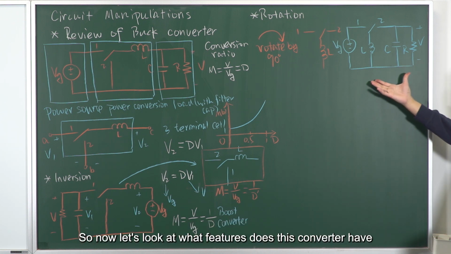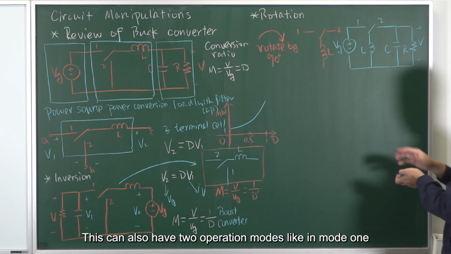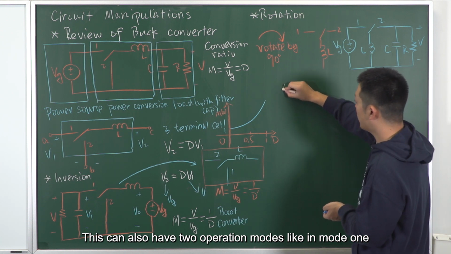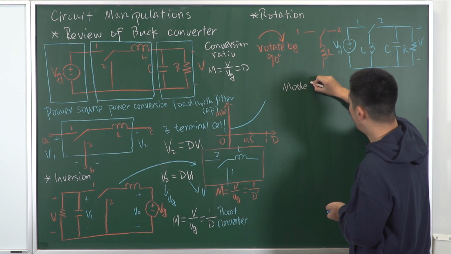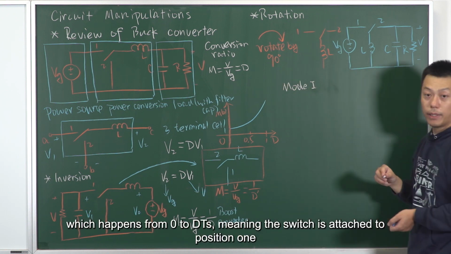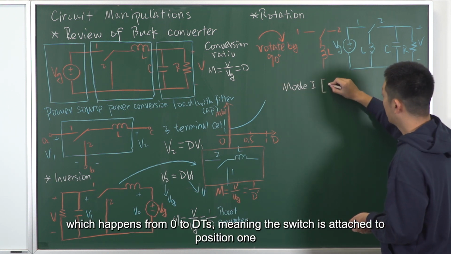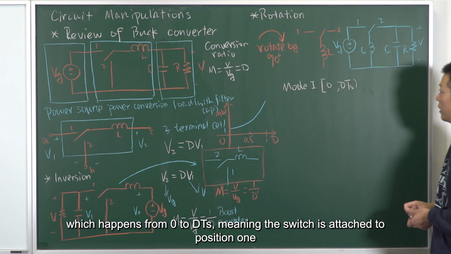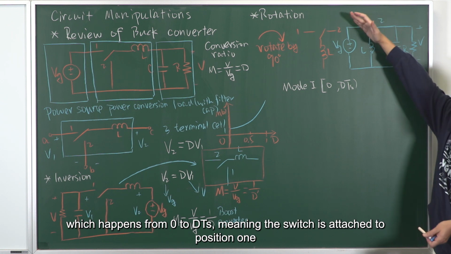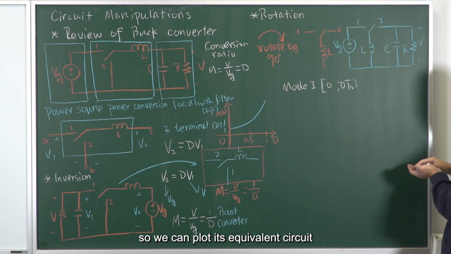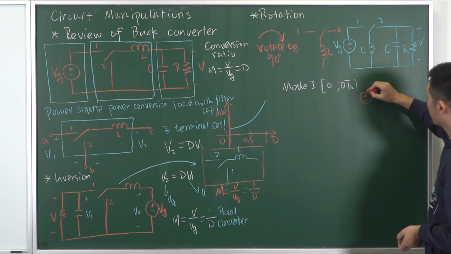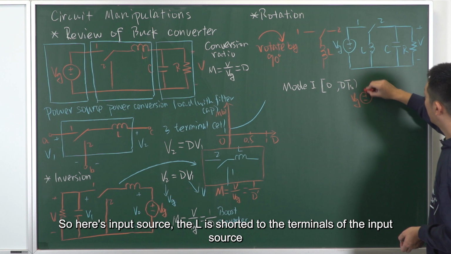So now let's look at what features this converter has. This can also have two operation modes, like in mode 1, which happens from 0 to DTs. Meaning the switch is attached to position 1, so we can plot its equivalent circuit. So here's input source.